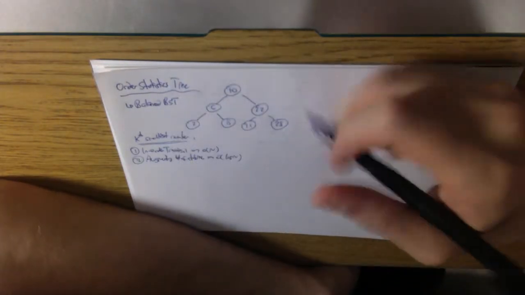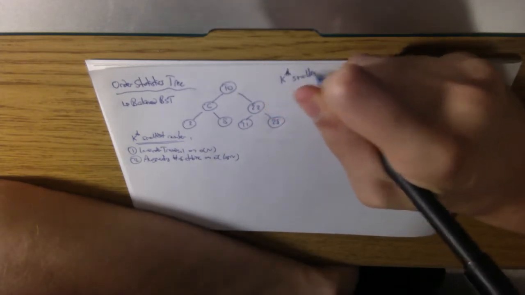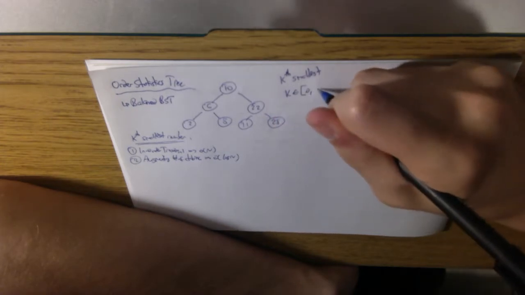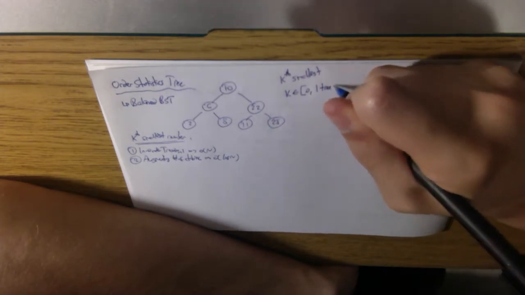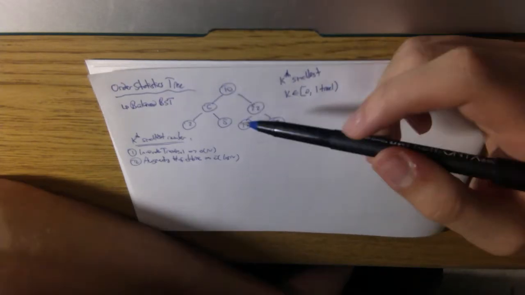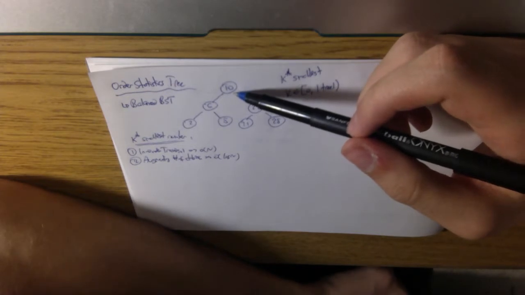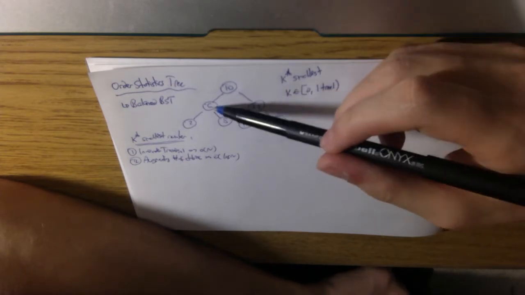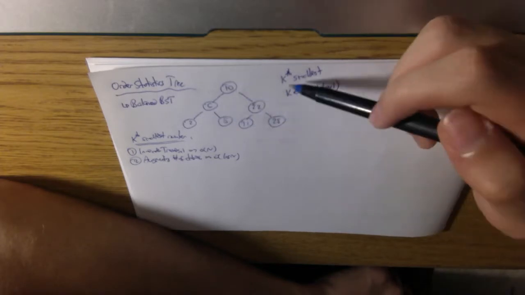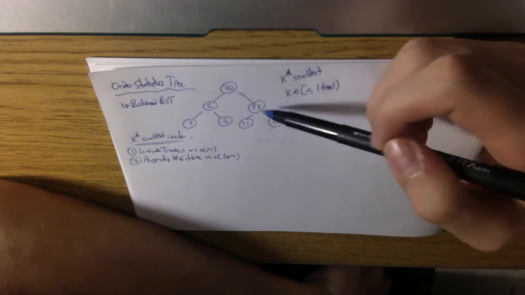So if I'm looking for the kth smallest, and let's just assume for the sake of this video that k ranges from 0 to the size of the tree, so it's 0 indexed. We know that if the number of children to the left of this node is less than this number k, then I automatically know that the number is larger.